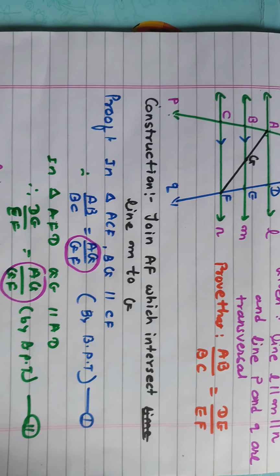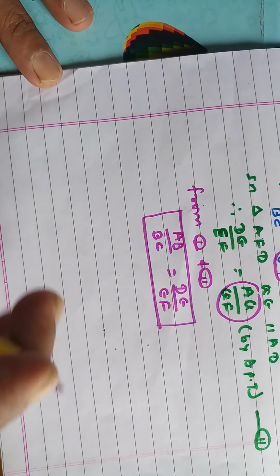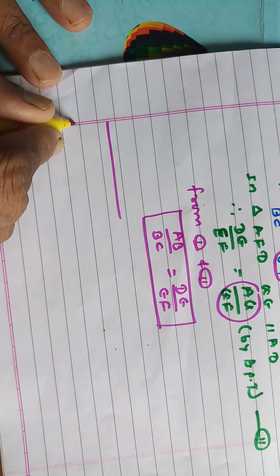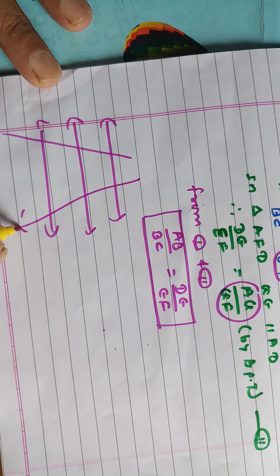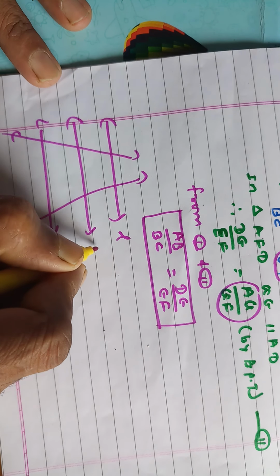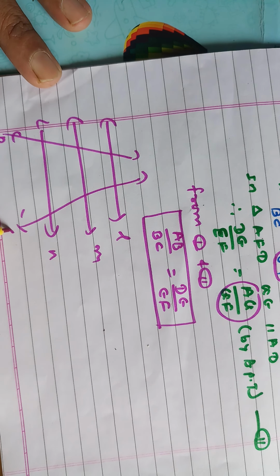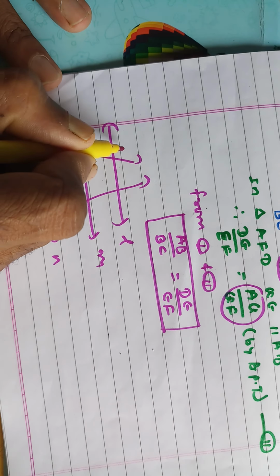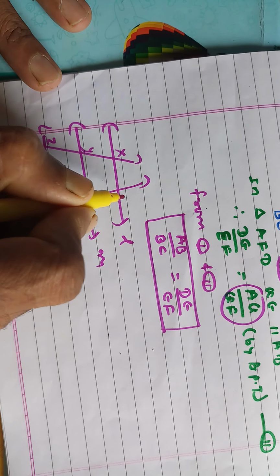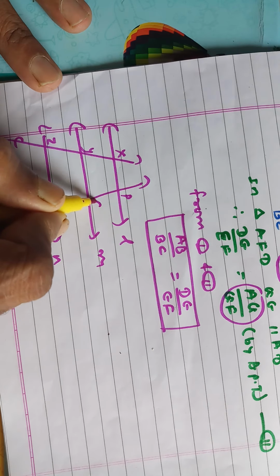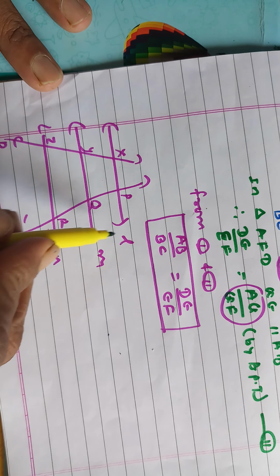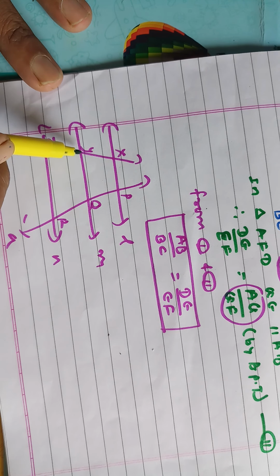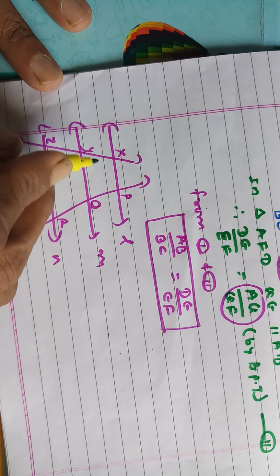So if there are three parallel lines L, M and N, and P and Q are transversals with intercepts X, Y, Z and P, Q, R, then the ratio of these two is equal to the ratio of these two.